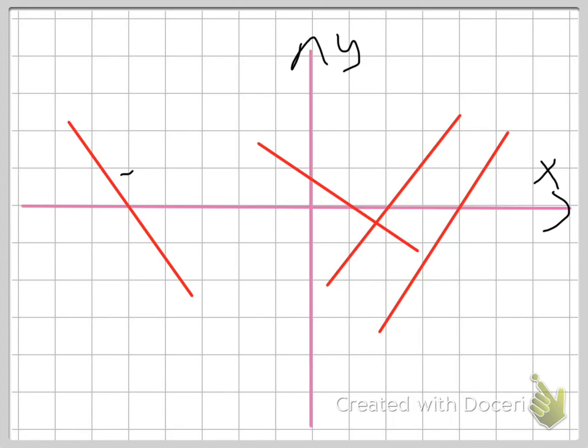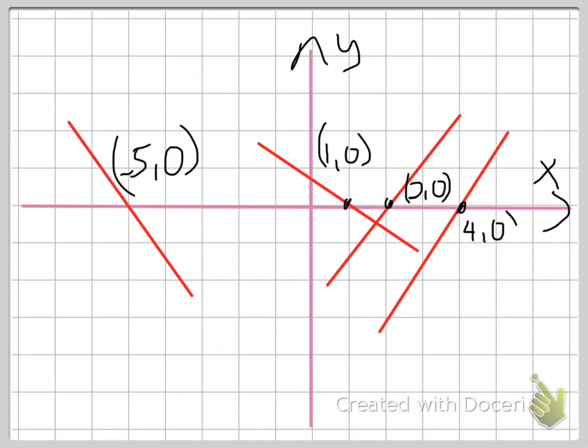This is going to be negative 5, 0. This x-intercept over here is going to be 1, 0. This one right here is going to be 2, 0, and this one right here is going to be 4, 0. So in this case, look, y is always 0, right? So y is 0 for x-intercepts.